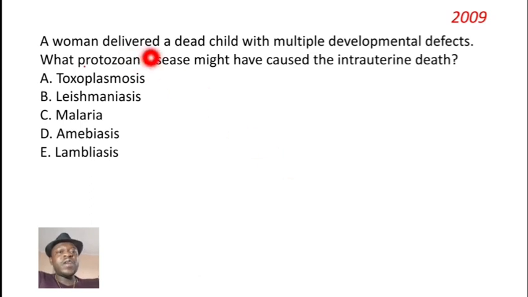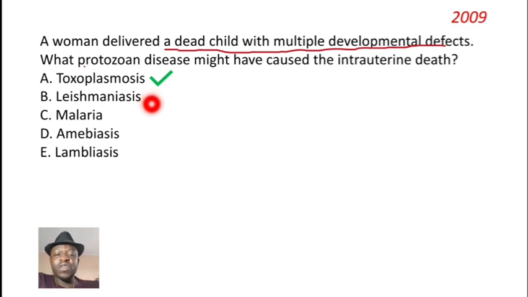A woman delivered a dead child with multiple developmental defects. I think I talked about Toxoplasma gondii. It's a straightforward one, right? What protozoan disease might have caused the intrauterine death? Toxoplasmosis, right? Leishmania doesn't cause such a condition.